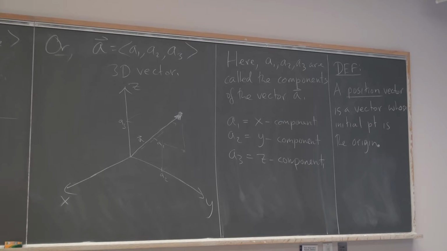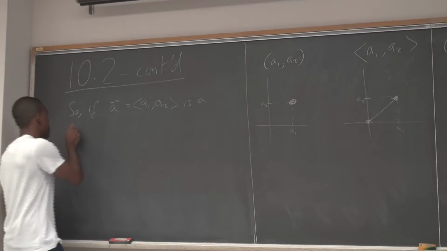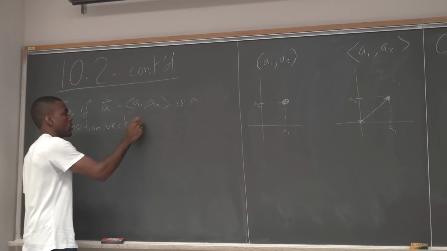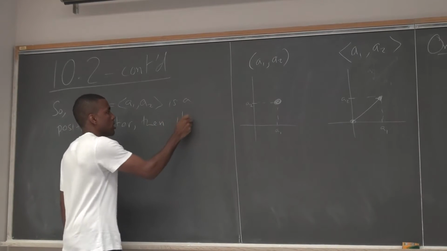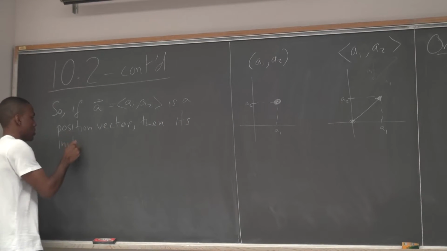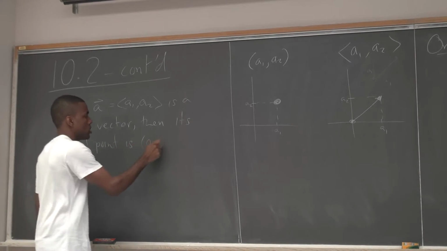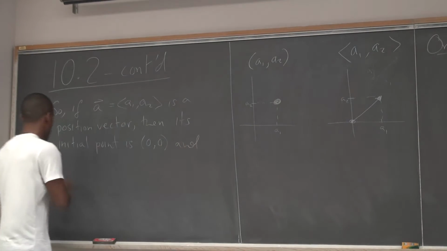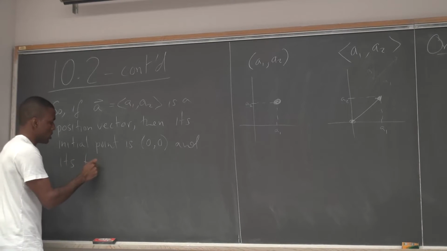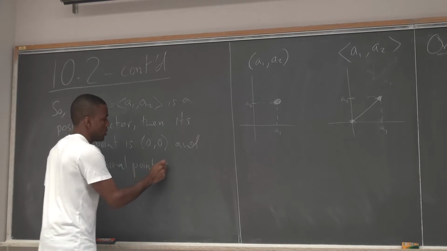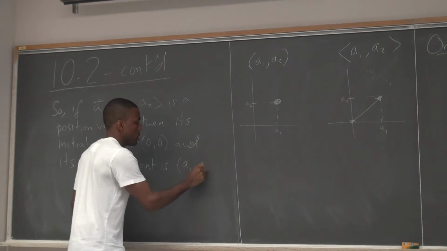So, if, for example, A equals A1, A2 is a position vector, then its initial point is 0, 0, and its terminal point is A1, A2.